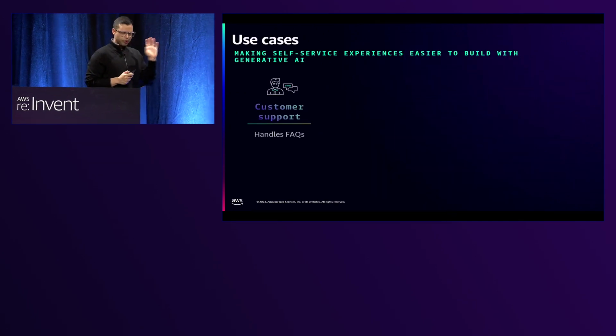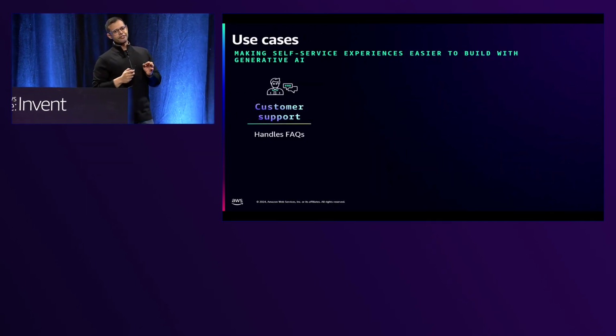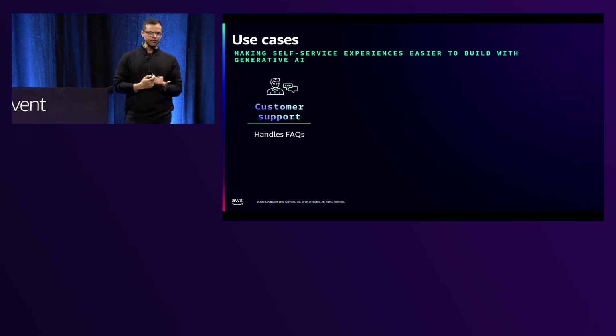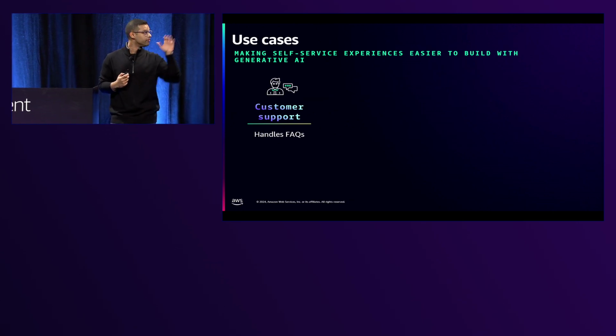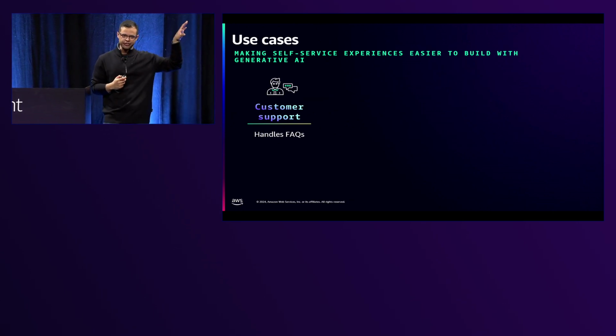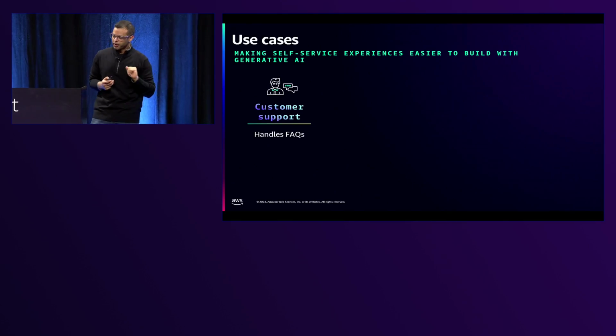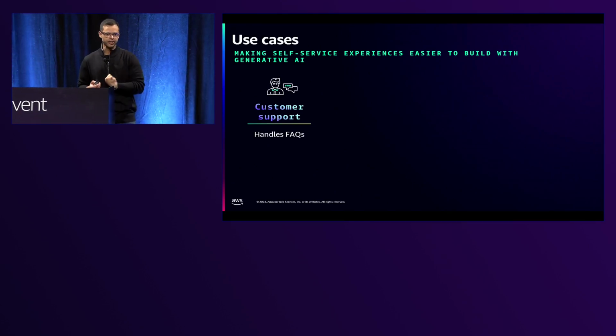So when we talk about use cases, the typical use cases that I've seen mostly with my customers are in different domains, across industries and across verticals. A typical use case is customer support. Think about FAQs, a lot of repeat questions about a product or a service, where your chatbot can offload your manual labor.